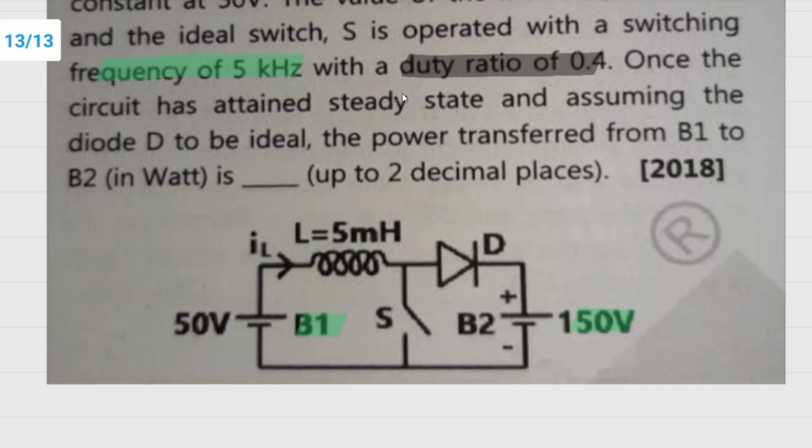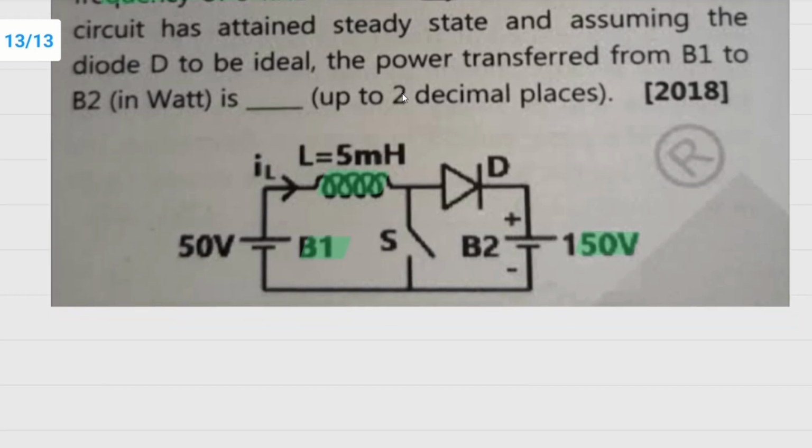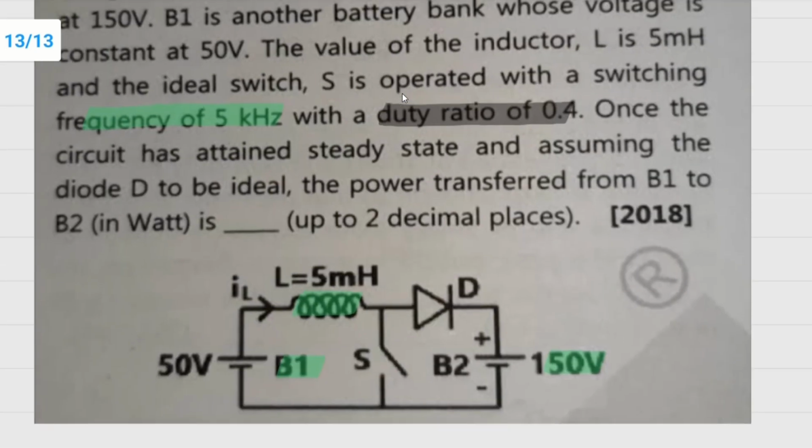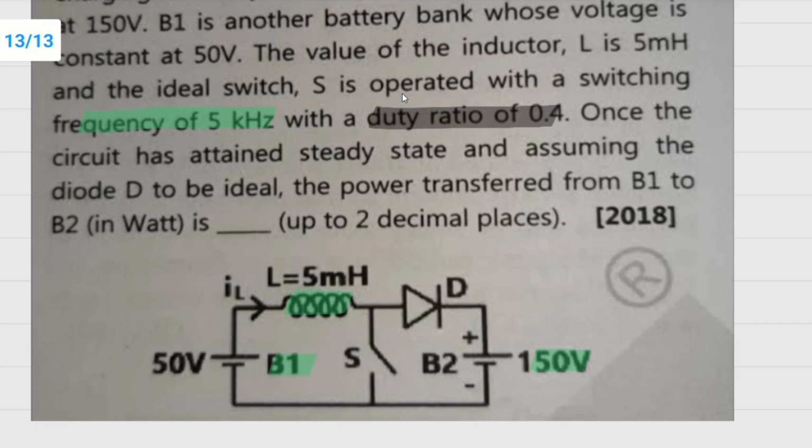Now by the look of the converter, the inductor is placed in series with the source. That means it is a boost converter. Now let's check if the operation is continuous or discontinuous.